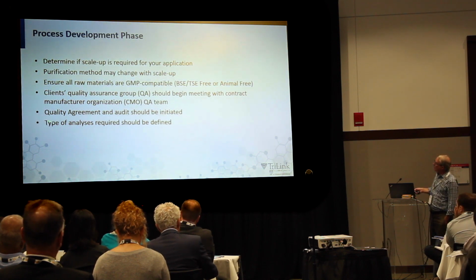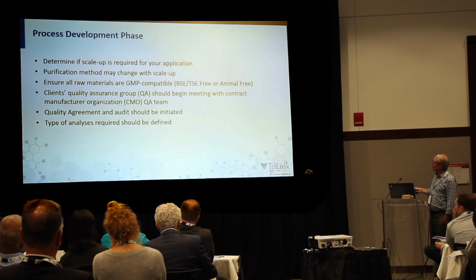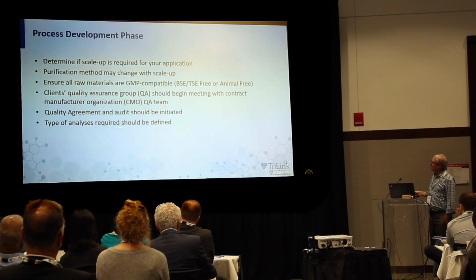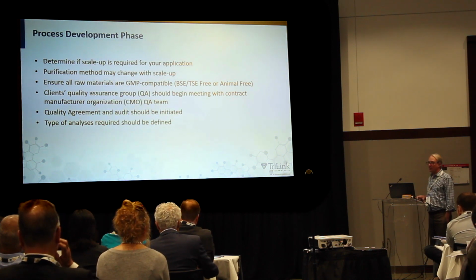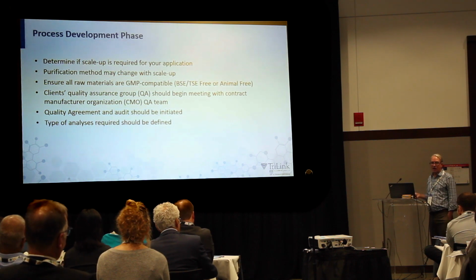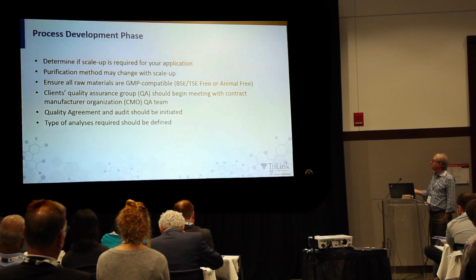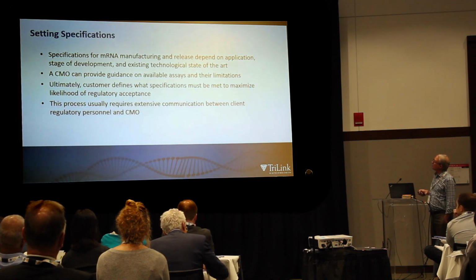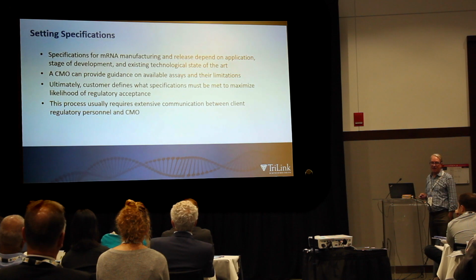All right, so you want to get quality agreements and audits in, and you should define the type of analysis you're going to require for your compound, and that might differ quite a bit from, say, a vaccine for a healthy child versus a personalized cancer therapeutic that you're trying to turn around in a couple weeks. All right, so in terms of setting specifications, the specification really needs to be set by the client.